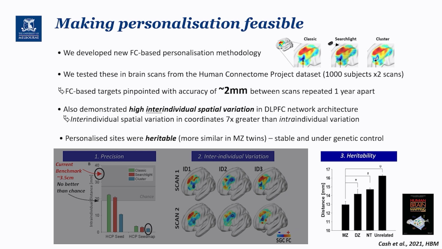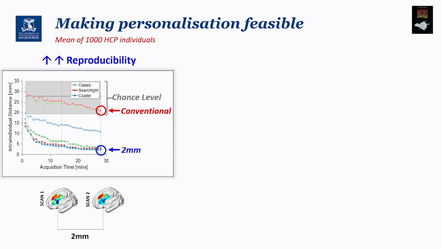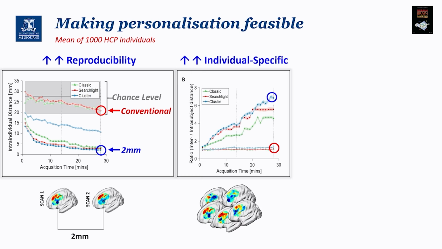And we've also shown that personalized stimulation targets are heritable, and that gives us some hope that the variation that we're capturing here is biologically meaningful from a genetic perspective. So this is just some further info on the reproducibility, the specificity of our approach.